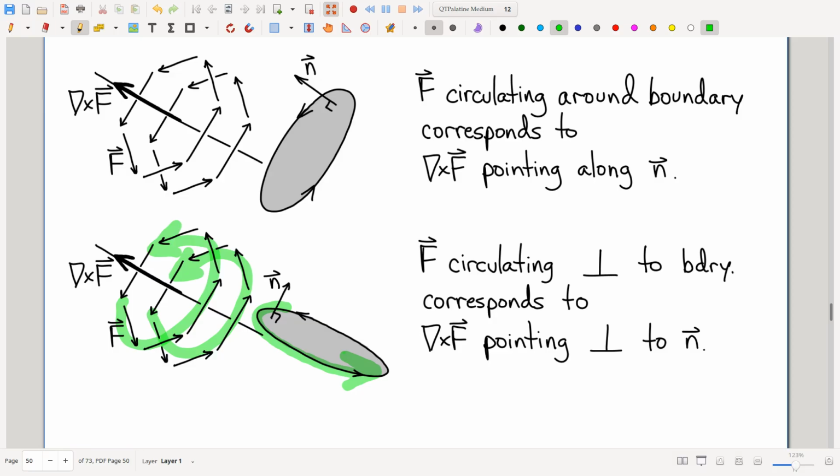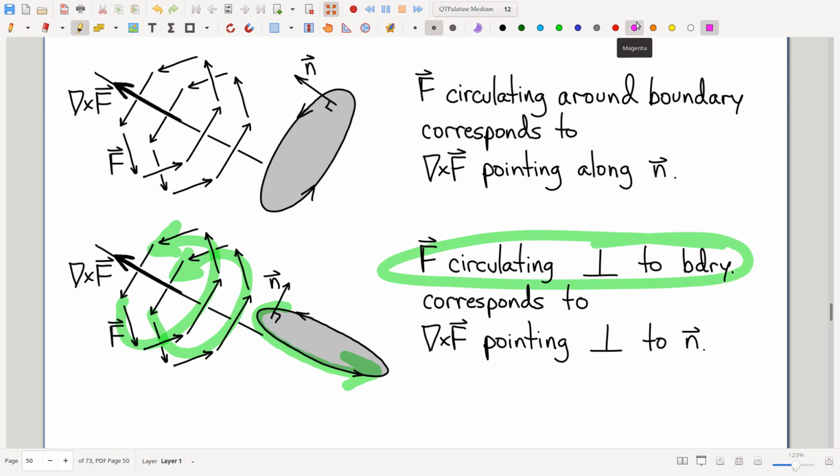And likewise, the lack of circulation is consistent with the lack of there being a good dot product between the curl and the orientation vector. And again, this is geometrically natural. The fact that these rotations are in different planes, you might say, is consistent with these two vectors being in different directions.